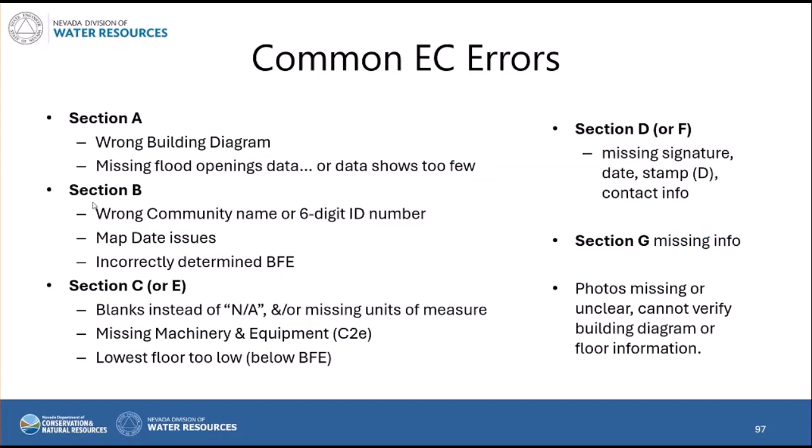Again, remember that the elevation certificate form has several pages of instructions that are highly detailed and will give you a lot of the information that you need to properly complete the form as well as properly review the form.